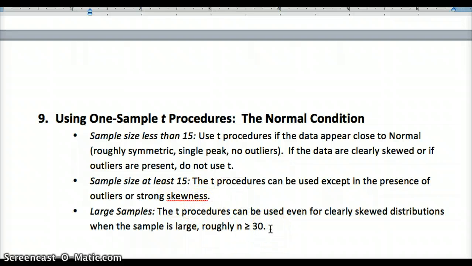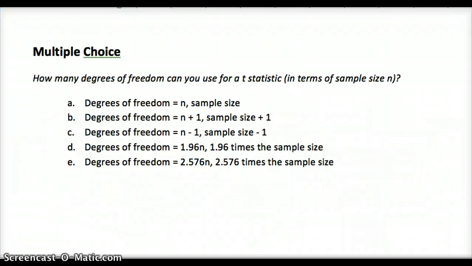And large samples, you can use the t procedures for even clearly skewed distributions when the sample size is greater than or equal to 30. So once we're above 30, we don't have to worry about it at all. Less than 15, it has to look approximately normal. At least 15 to 30, if it's slightly skewed, that's fine, but no outliers or no strong skewness. So go over the lesson in your book, read the examples, 8.3, and read through the lesson, especially the summary.